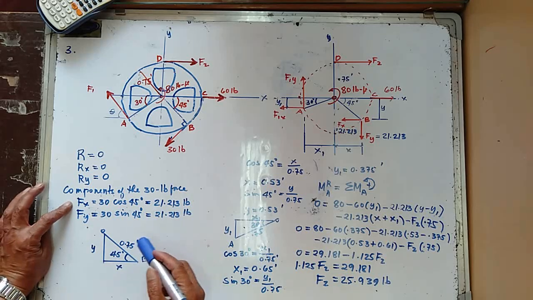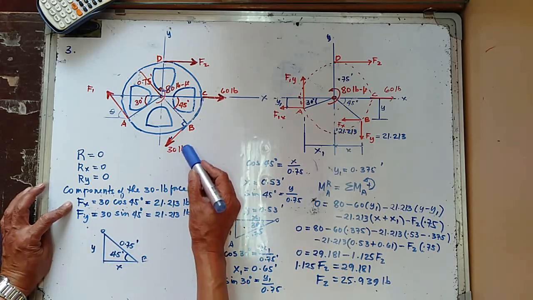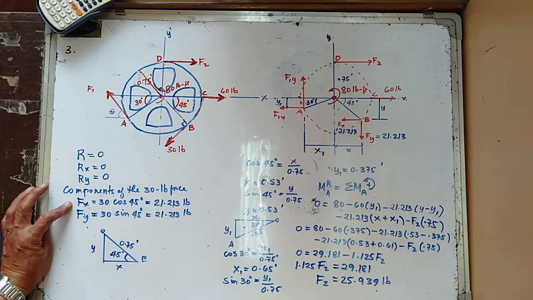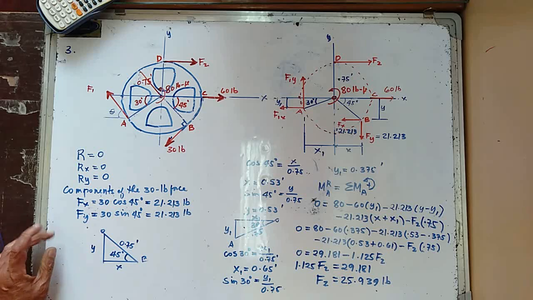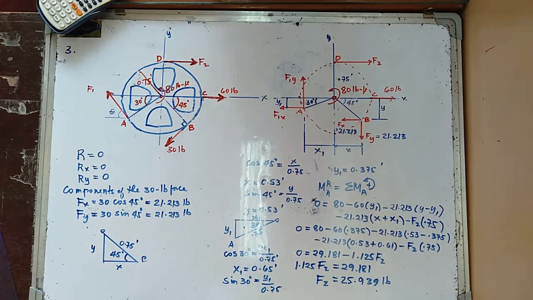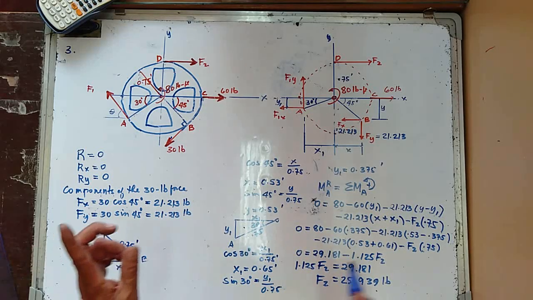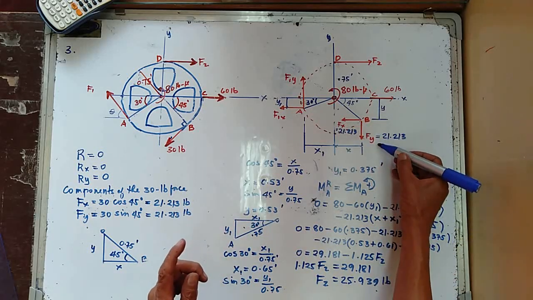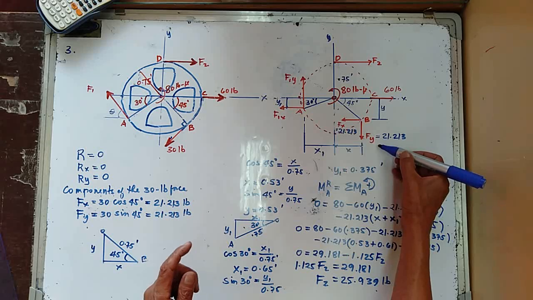Fx is 30 cosine of 45, which is 21.213, and Fy is 30 sine of 45, which is 21.213 pounds.